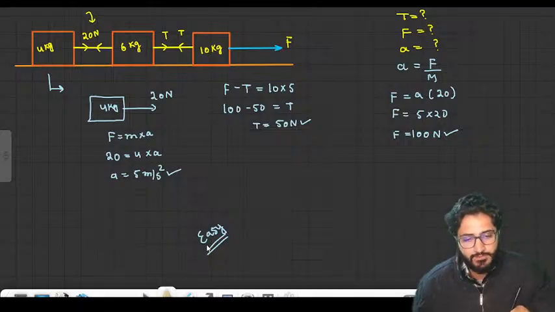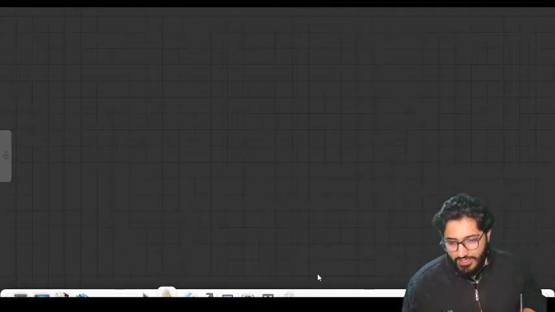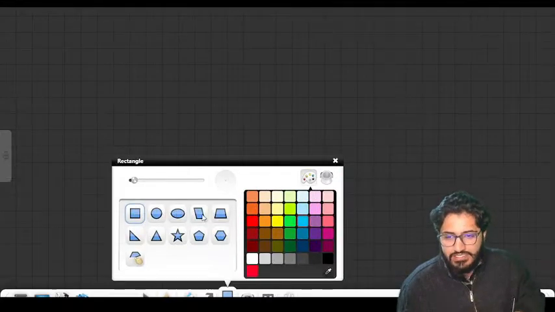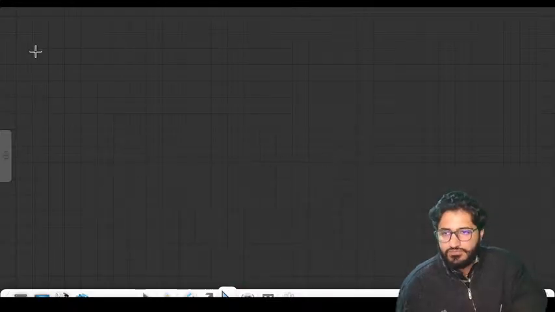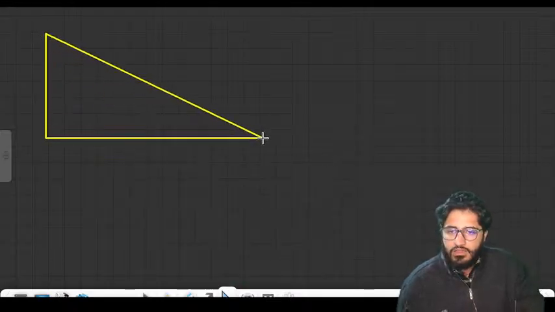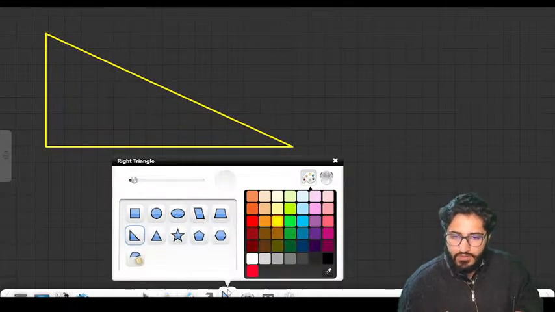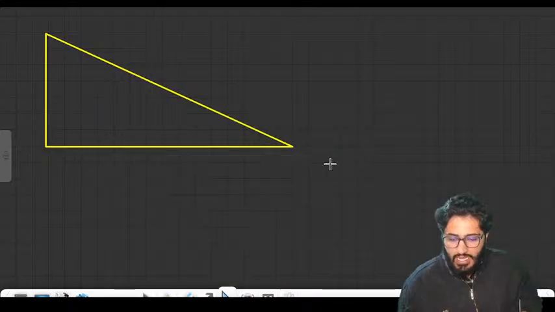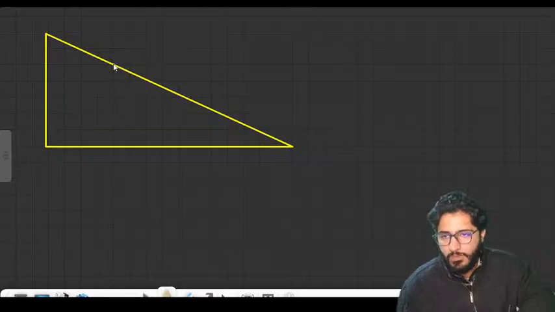but a good one. Now let us have a numerical based on inclined surfaces. If we are having a surface of some inclination, okay? So we are having two bodies now.